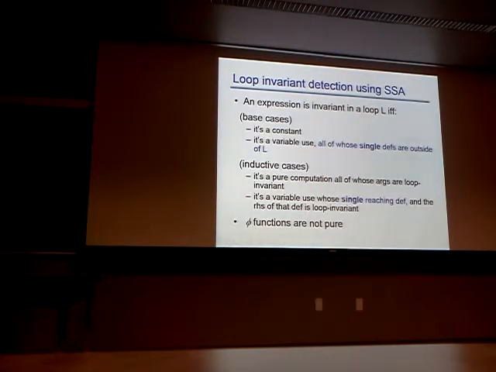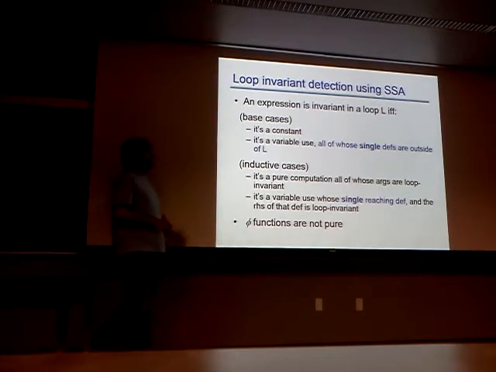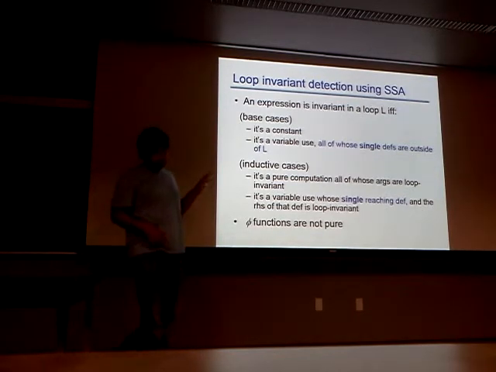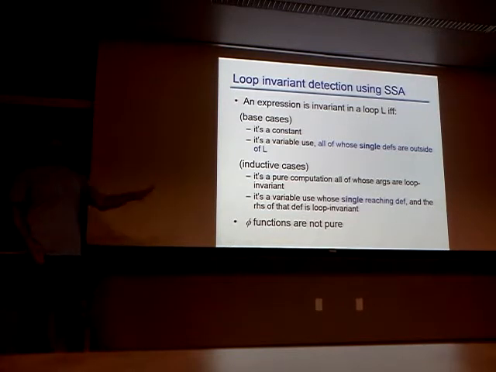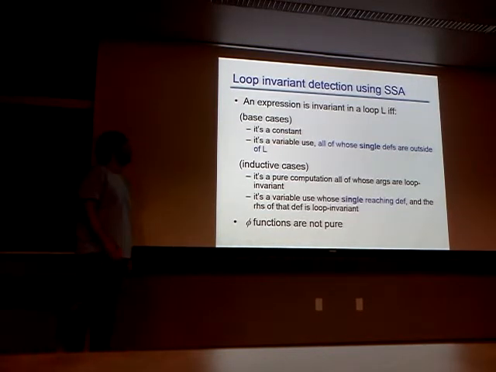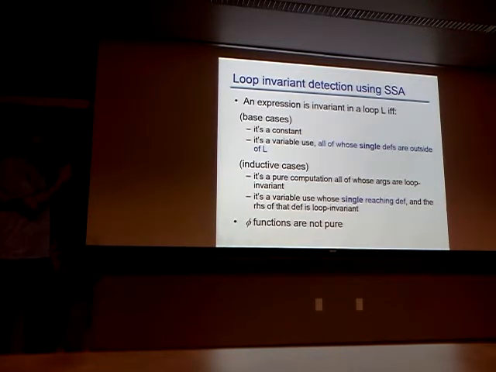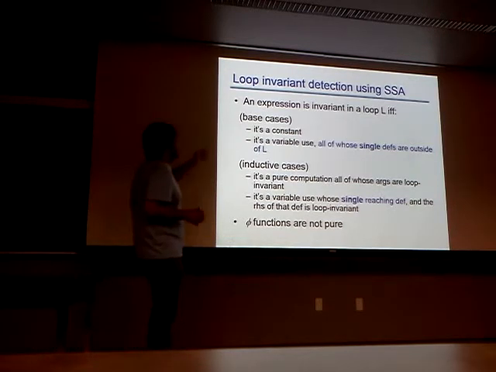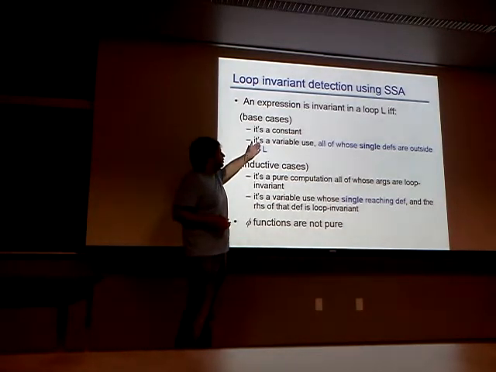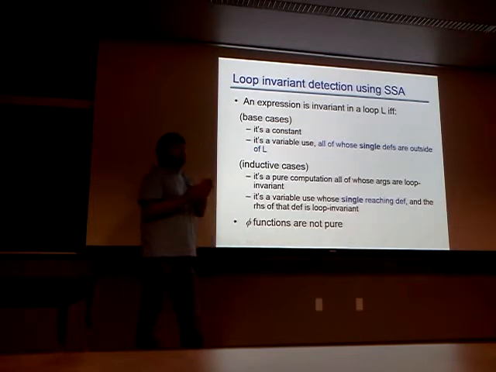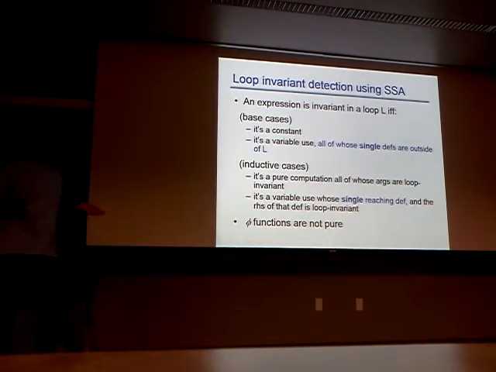So if you use SSA, SSA is not going to really simplify things too much in this case. It'll actually be useful for the code motion part, but still, let's see what happens with SSA. So basically, the rules remain the same. It's just that if you look at it, every time you have something, there's always going to be only one reaching definition, right?